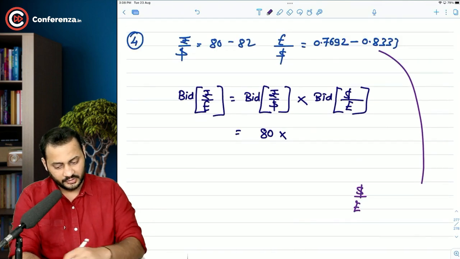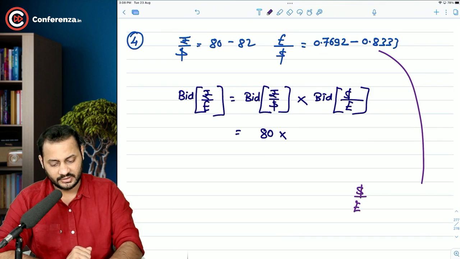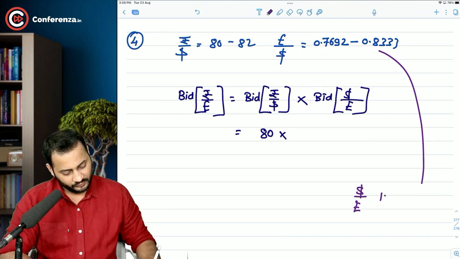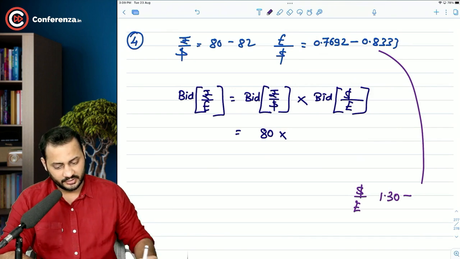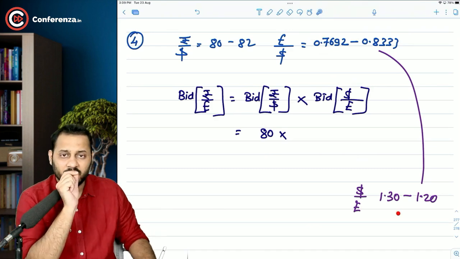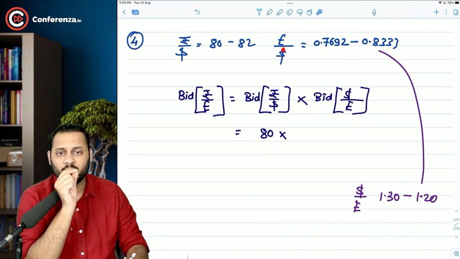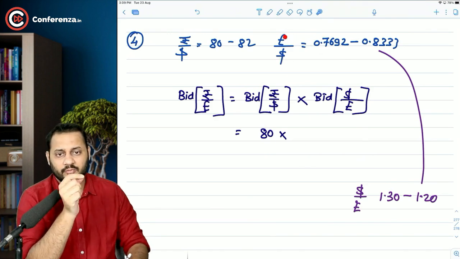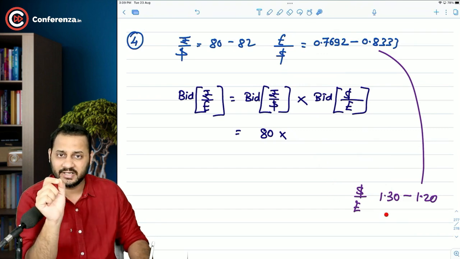If I reverse 0.7692, 1 divided by 0.7692, it comes to 1.30, and 1 divided by 0.8333 comes to 1.20. Do you think after reversing the equation and converting it from pound per dollar to dollar per pound, the equation is still right?